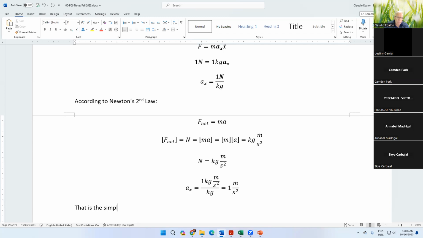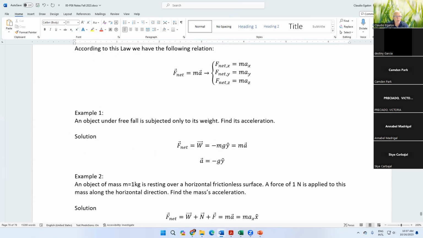That is the simplest problem for Newton's second law you will see out there. Well, actually, it's the second simplest problem, not the first simplest problem. The first simplest problem is this one right in here.